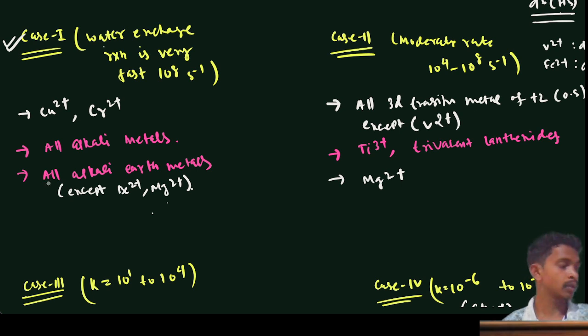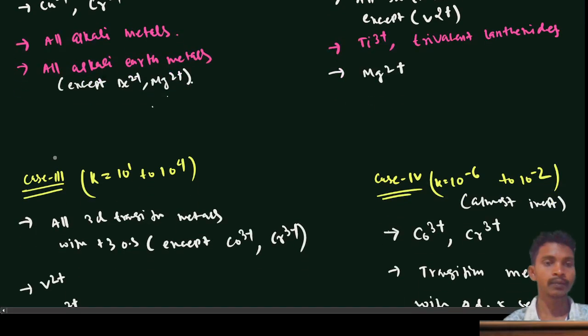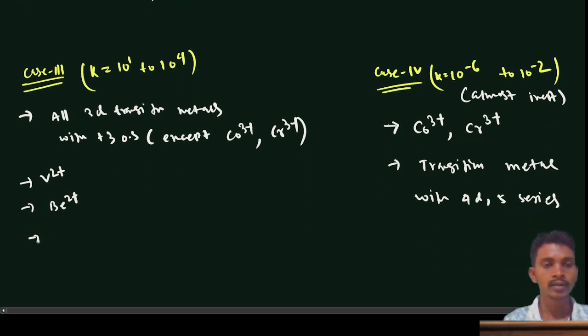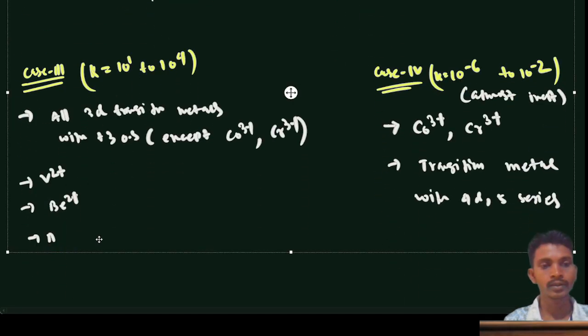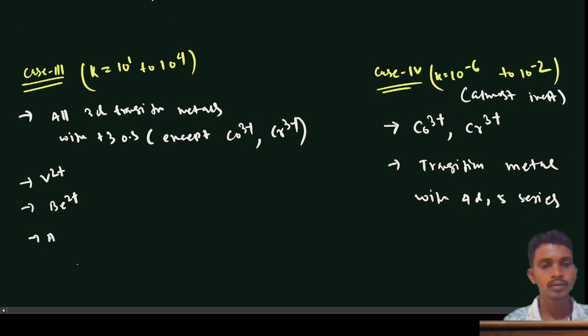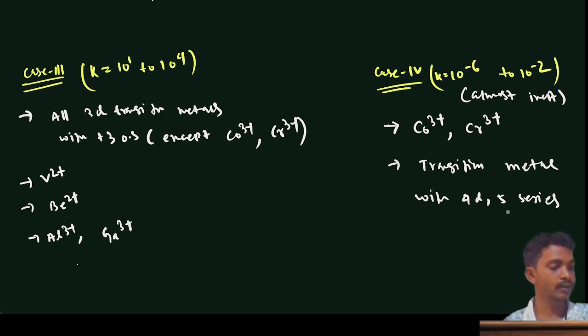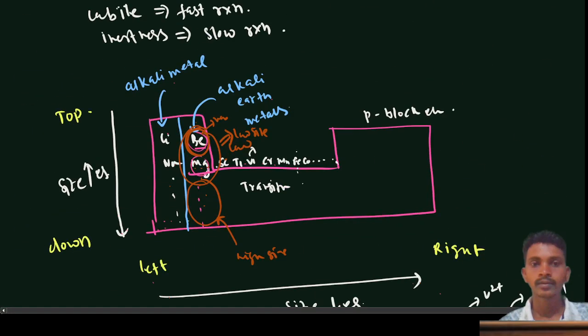Also here for case 3 it will have aluminium 3 plus and gallium 3 plus. These will fall in this category. Why?